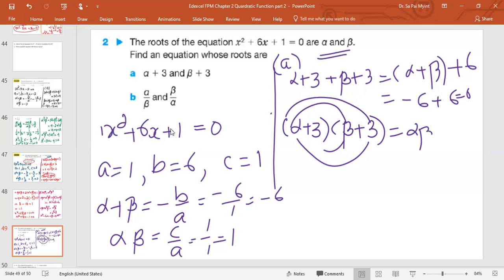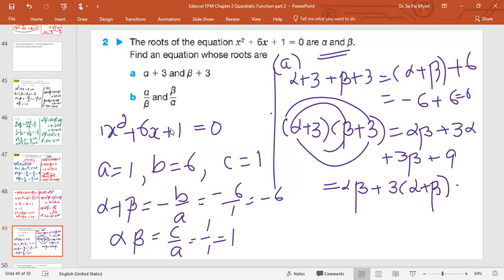Alpha beta plus 3 alpha plus 3 beta plus 9. What do you get? Alpha beta plus 3 into alpha plus beta plus 9.